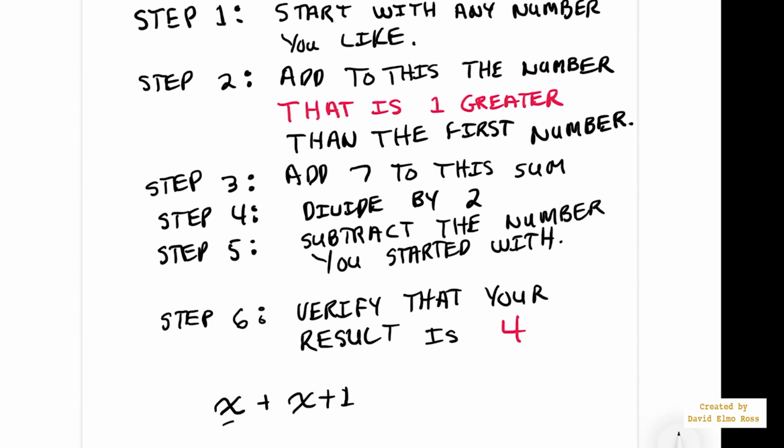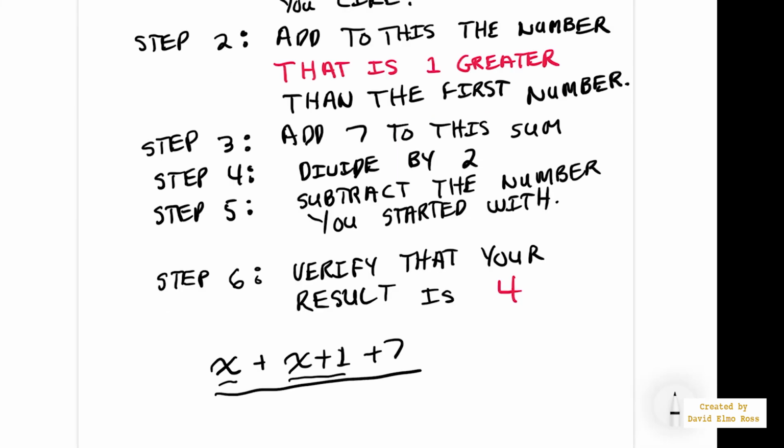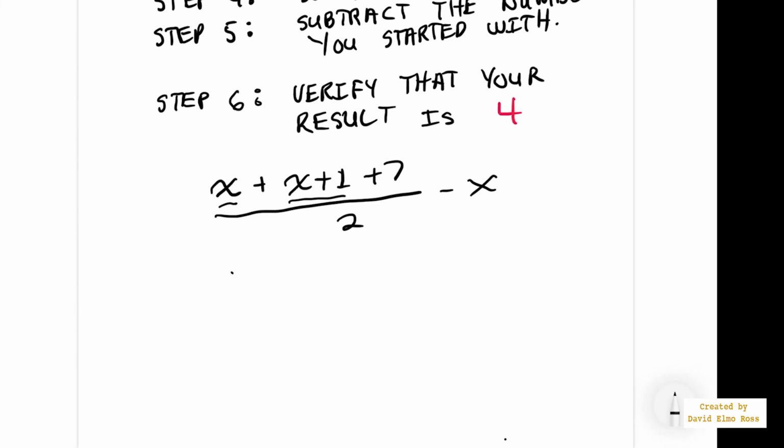Because if this is our number we start with, x plus 1 is 1 bigger than that. Then it says add 7 to this, divide by 2, and subtract the number you started with. So if we look at the top, that's 2x plus 8 over 2 subtract x. If we divide through, 2 goes into this once, 2 goes into this 4. So this is x plus 4 subtract x.